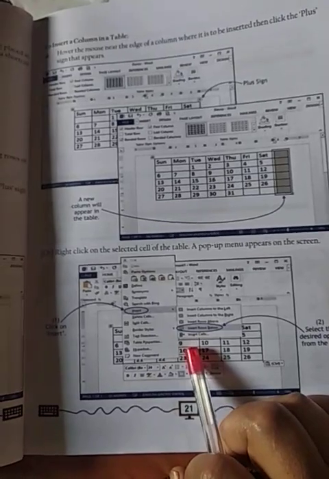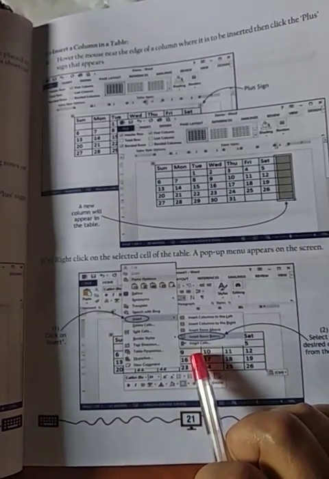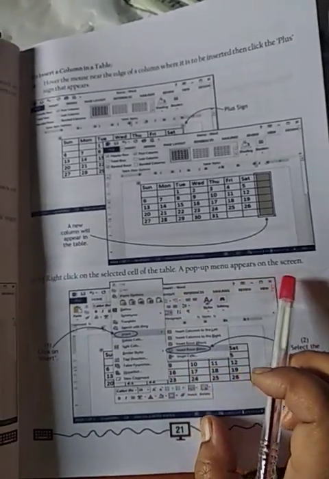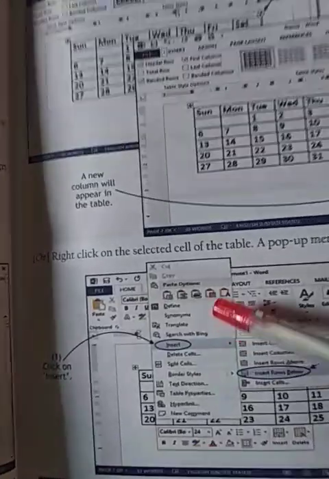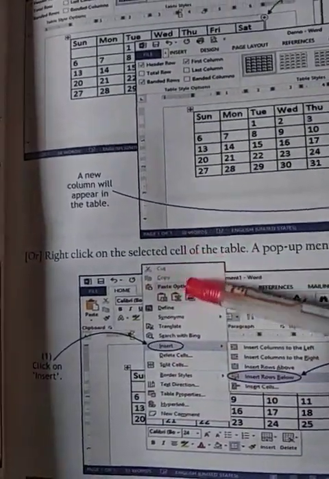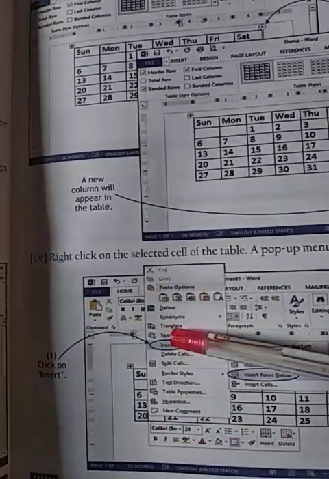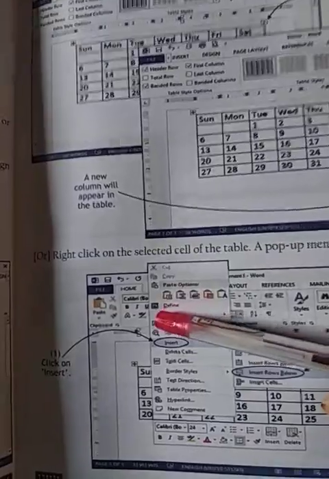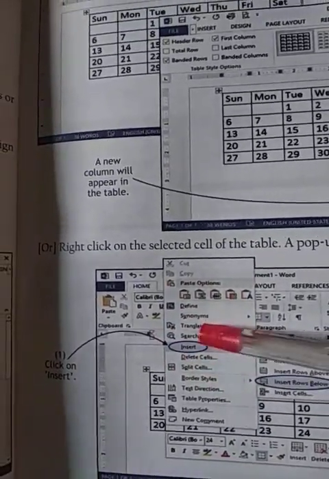Where you want to insert a new column, just take the mouse there and right click. A pop-up menu will appear on the screen. So this is the pop-up menu, and here there is an insert option.